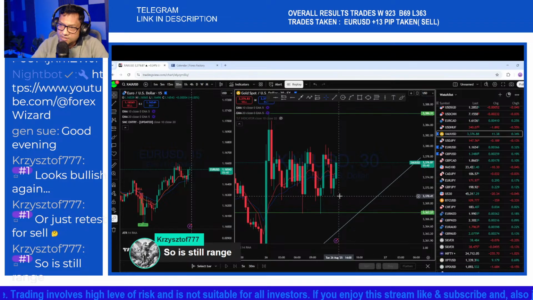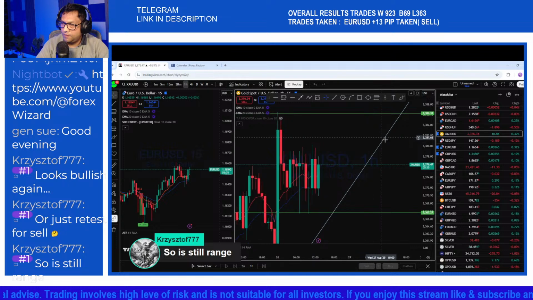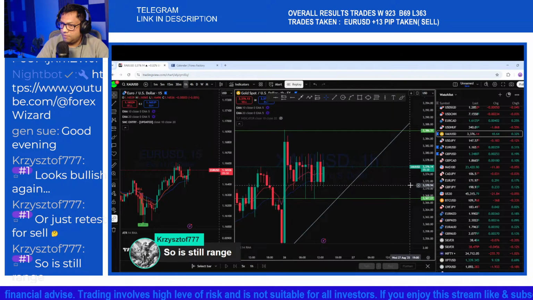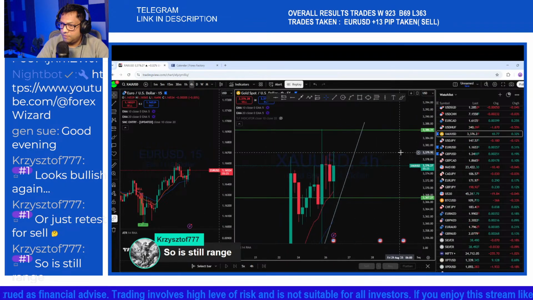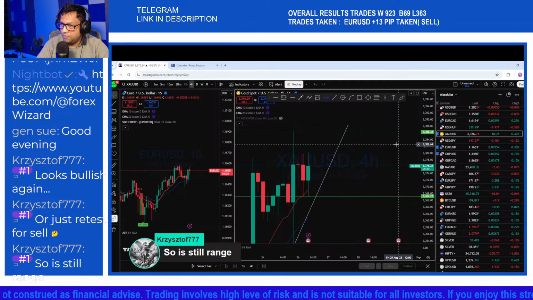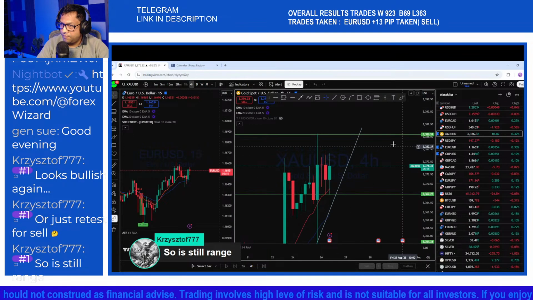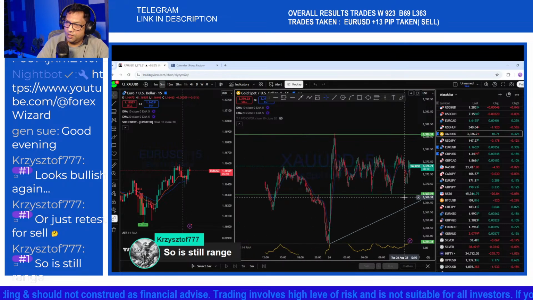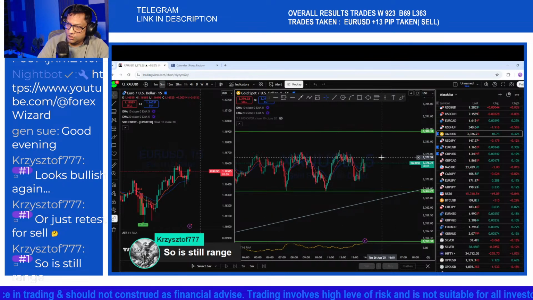And from this support level that we can see, in the last moment the market is showing a range, but is still showing a series of higher lows and also respecting that resistance.